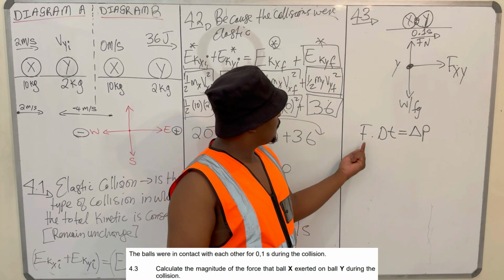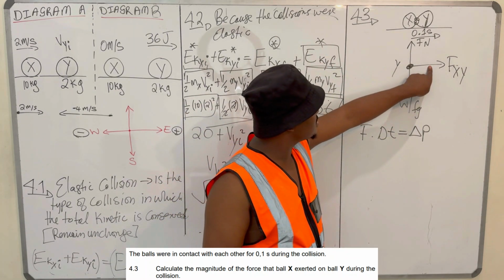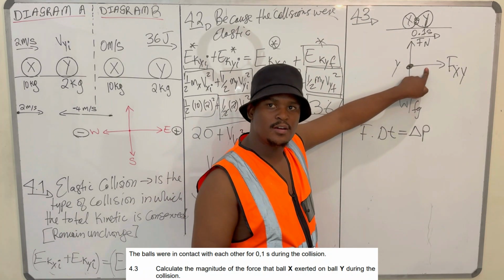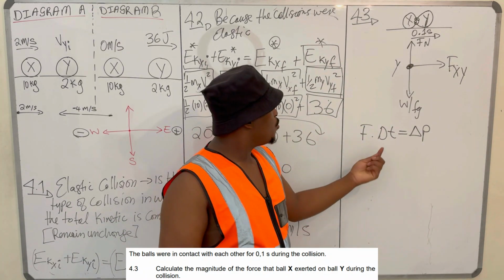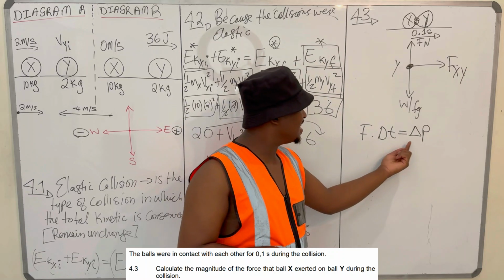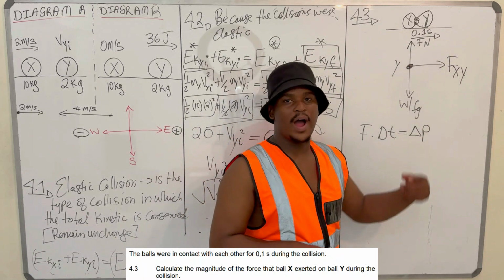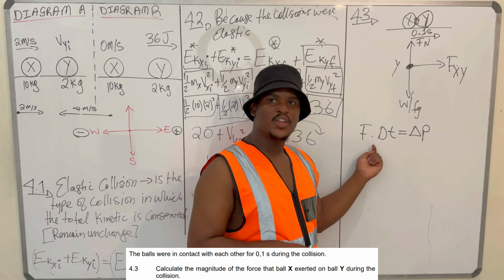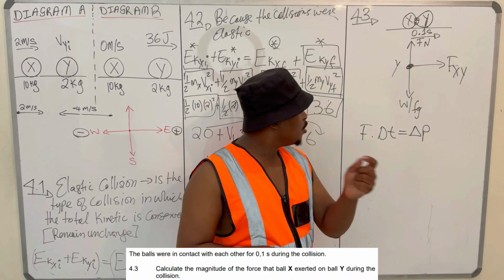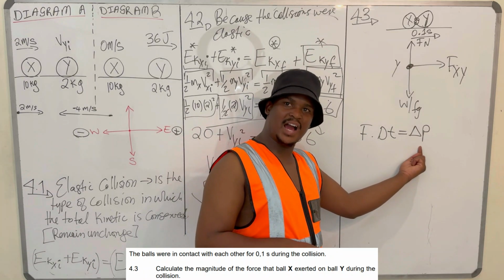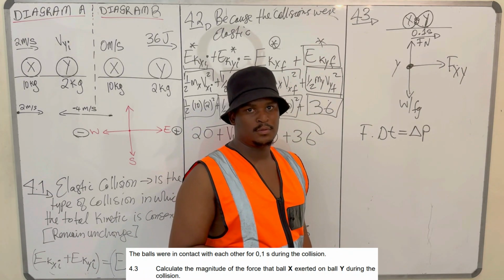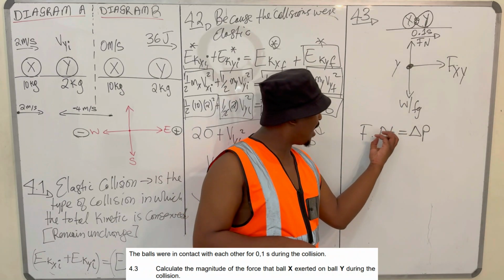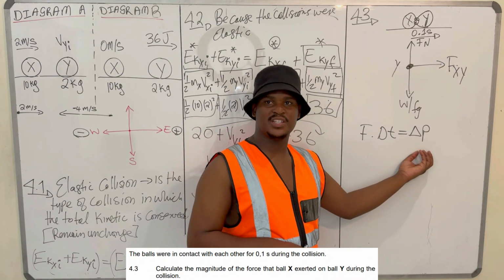So now, the force that is acting on y for that given period of time will result in change in momentum of ball y. Which means the impulse is equal to the change in momentum.